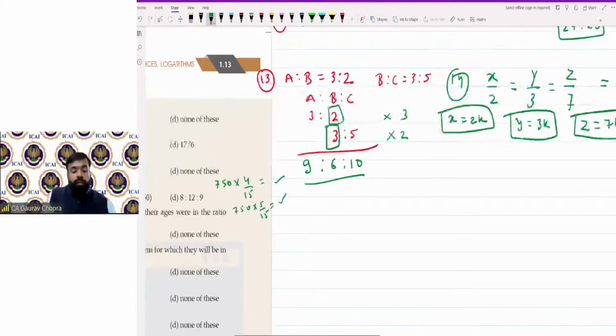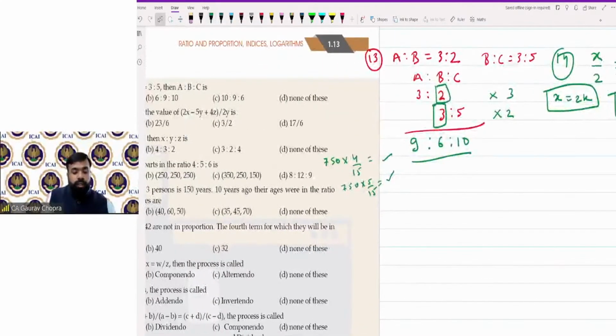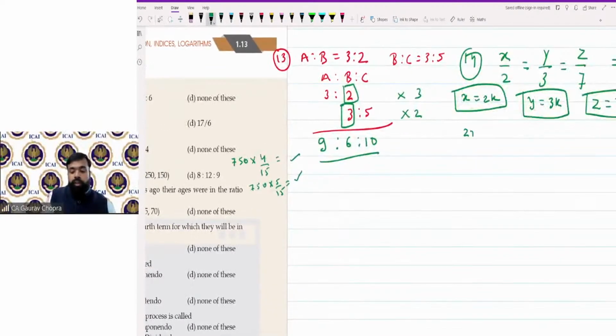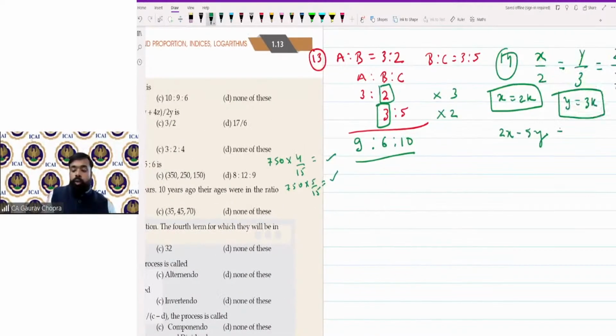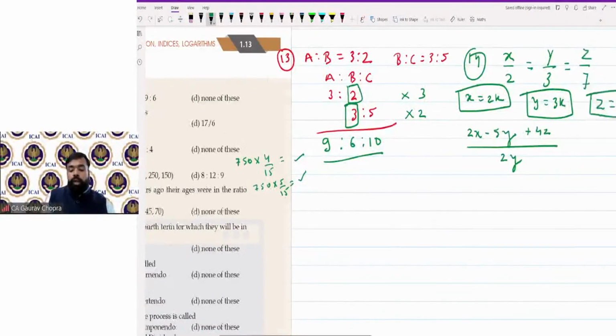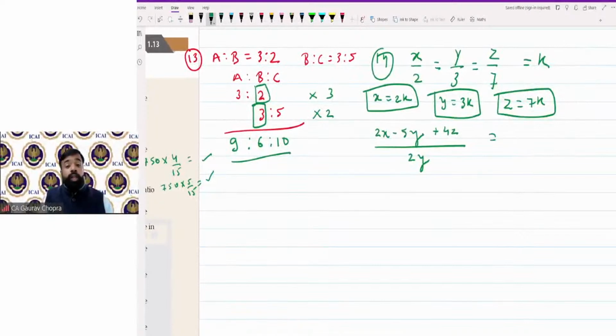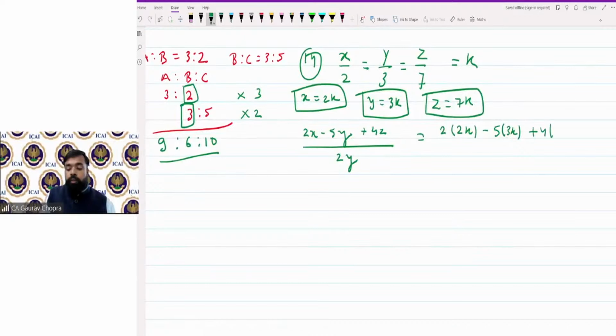Now, what is the requirement of question? It says 2x minus 5y plus 4z upon 2y. This is the requirement of question. So let's substitute the value. 2 multiplied by 2k, 5 multiplied by 3k, and 4 multiplied by 7k upon 2 into 3k.